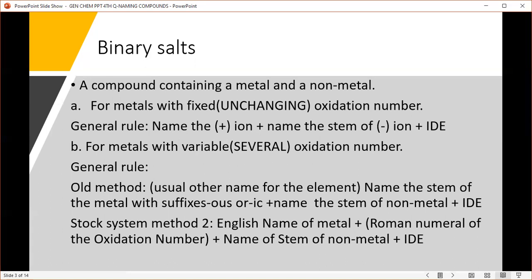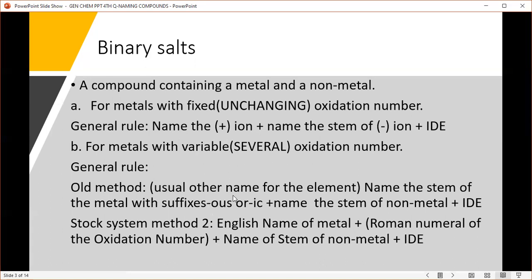We also have copper. Copper is known as cuprum. Those are their usual other names for that specific element. But their English translation for cuprum is copper, and for ferrum, it is iron. That's what you need to remember when we are using the old method in naming binary salts having metals with variable oxidation numbers.